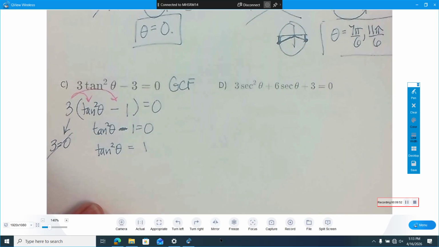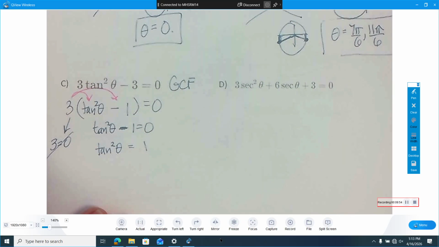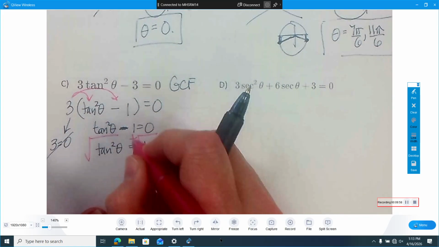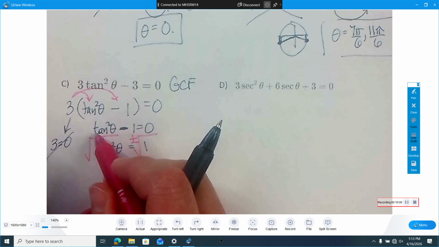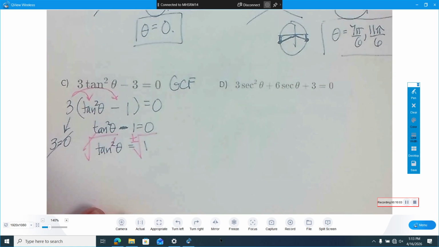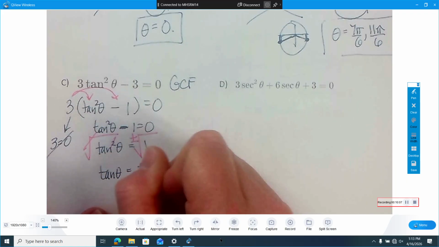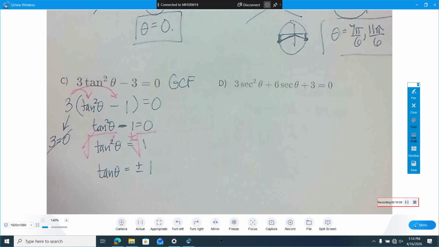And then how do I get tangent by itself? How do I get rid of square? Square root. Square root. Don't forget the plus or minus. So the square root and the square cancel out. So we get tangent of theta equals plus or minus 1. Wouldn't it be plus or minus tangent also?